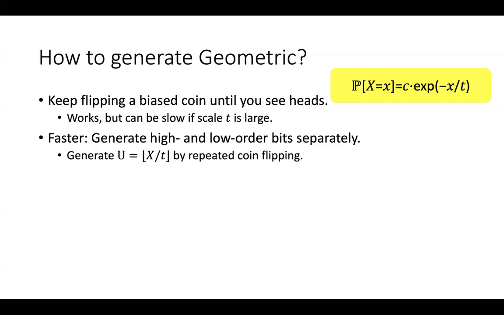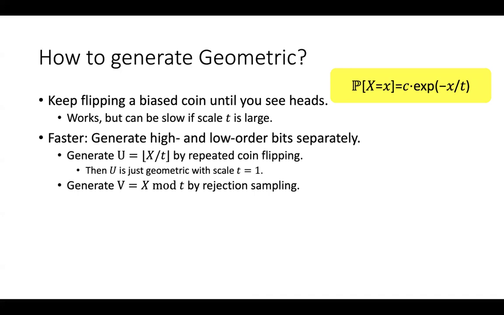So the high order bits is basically x over t rounded down, floor. This we're just going to do with repeated coin flipping. Now this is basically a geometric with scale 1. And as a result, in expectation, we're going to need to sample a constant number of coins for this.